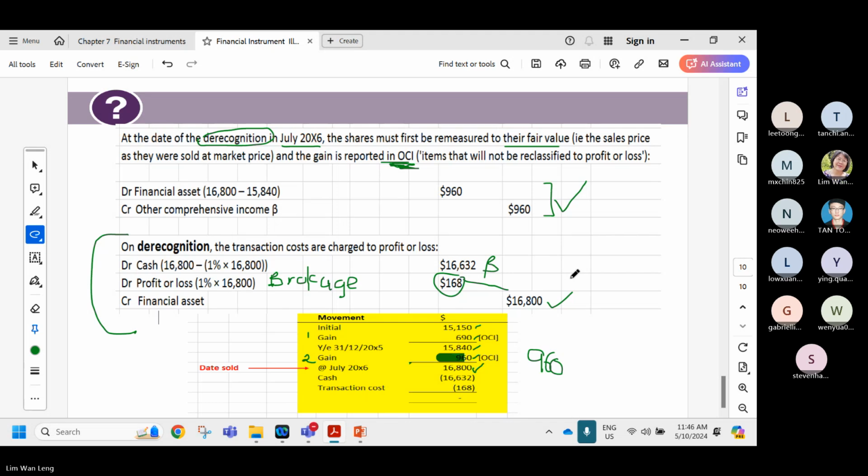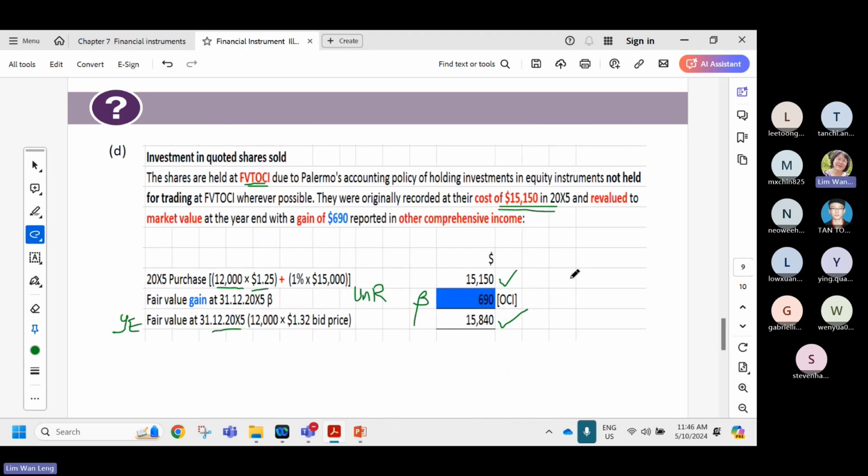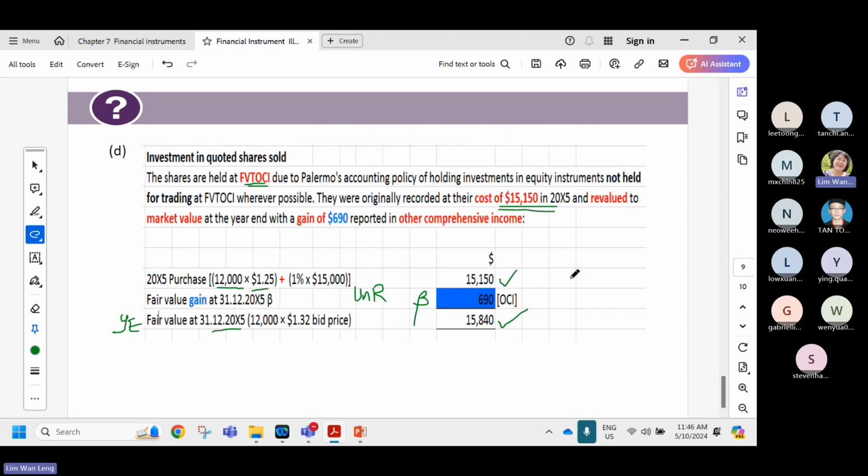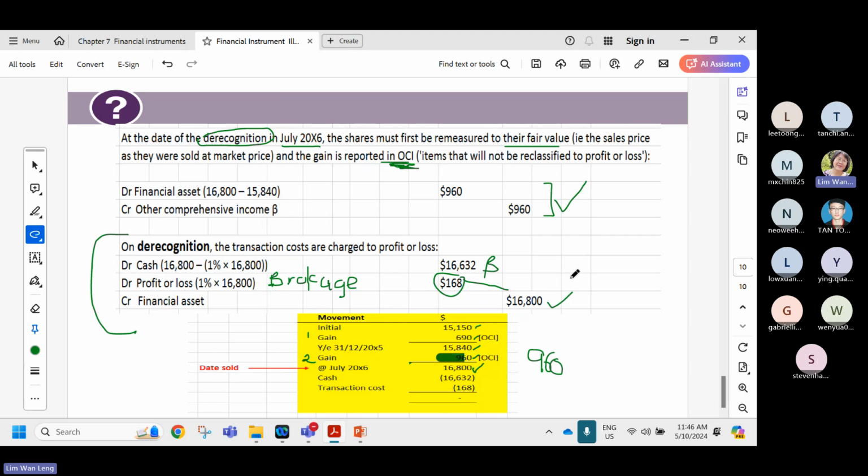Okay, so if you look at this, you will find that at the end of the day, the financial asset will be derecognized from your books because you have already sold them.